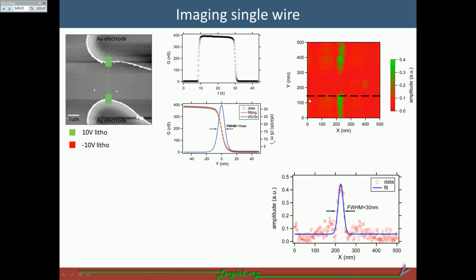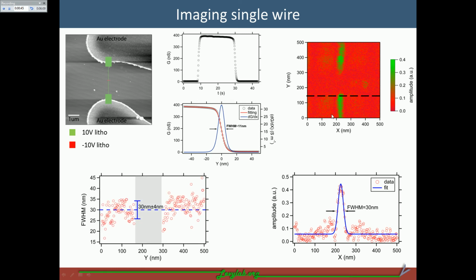If we extract the horizontal profile of the wire and fit it, we get the full width at half maximum is around 30 nanometers, which means the wire width measured by the PFM imaging method is 30 nanometers.